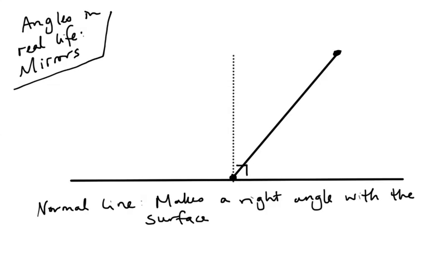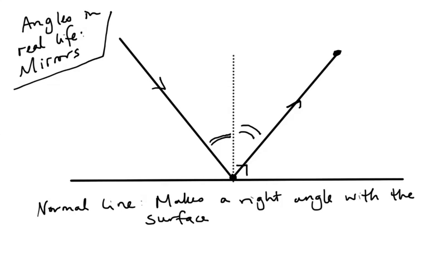And the way the light bounces off is that the incoming light, which is coming in this way and bouncing off the mirror, the angle that it makes with the normal line should be equal to the angle that the light bouncing off the mirror makes with the normal line. So these two angles are equal.